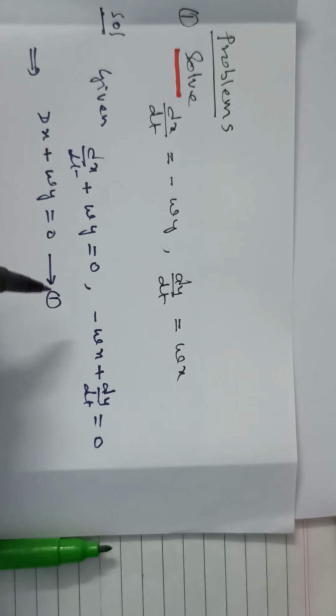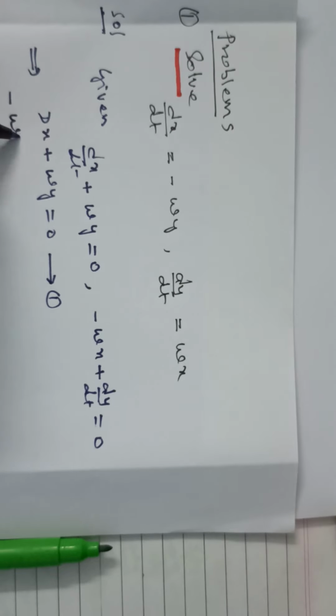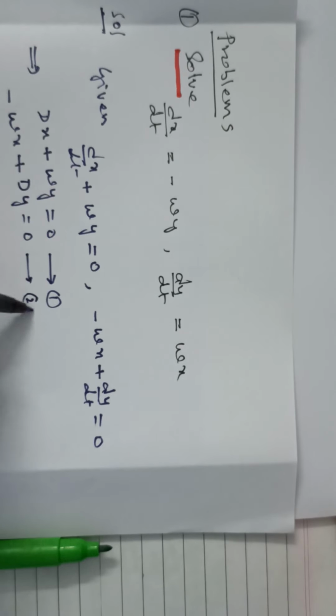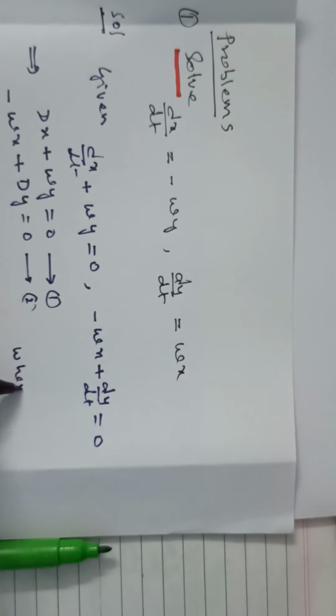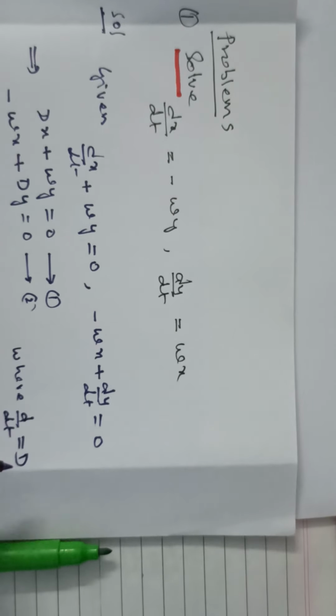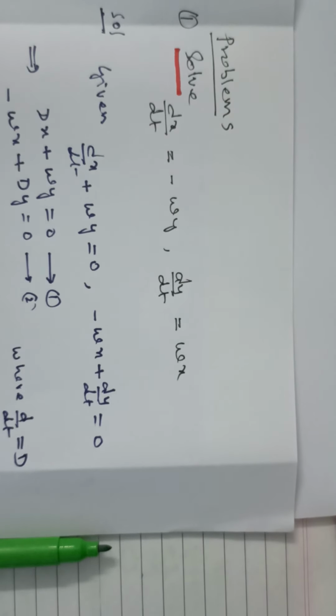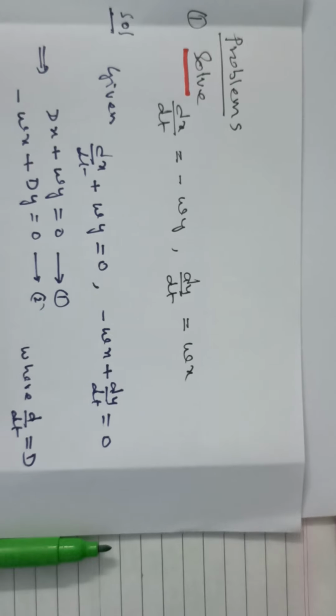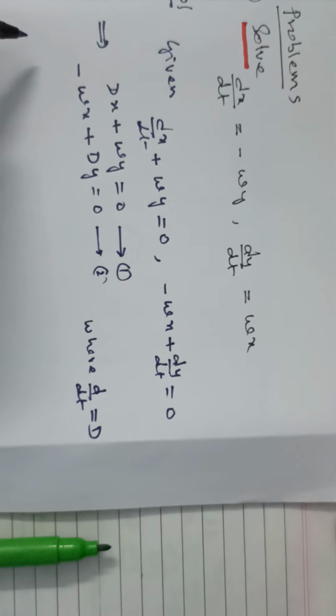Take this as 1. And another equation, minus omega x plus Dy is equal to 0, where d by dt is equal to capital D. Next, how to solve these two simultaneous differential equations? By elimination method.